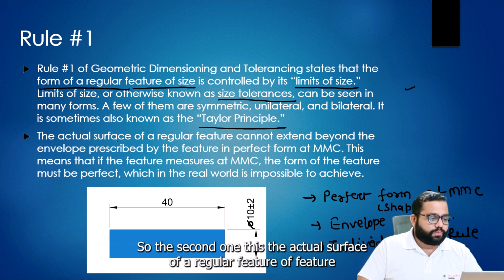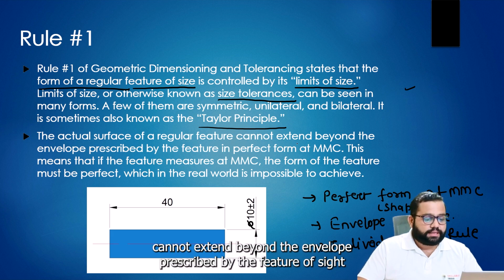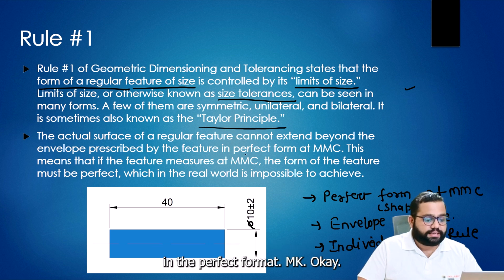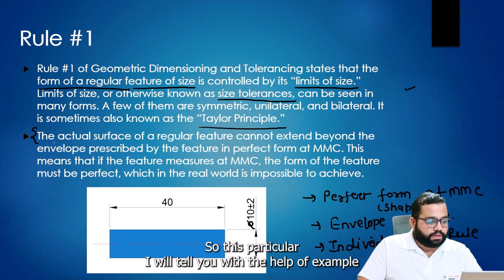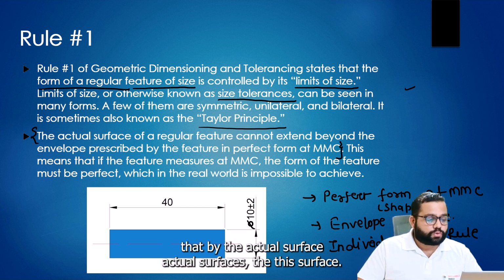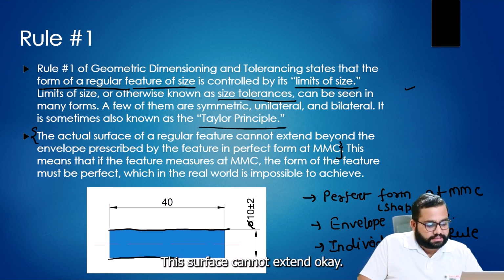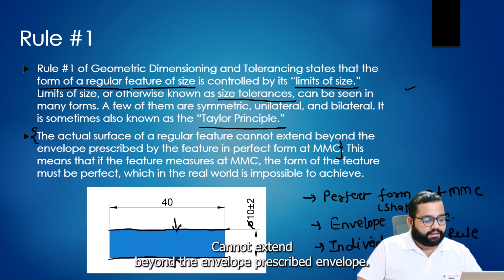The second part is that the actual surface of a regular feature cannot extend beyond the envelope prescribed by the feature of size in the perfect form at MMC. I will tell you with the help of an example why this surface cannot extend beyond the envelope prescribed.